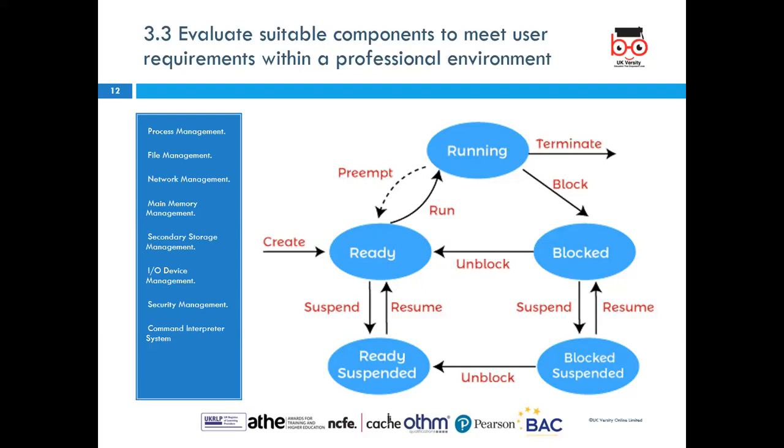Process management, when it comes to processing data, accessing data, and manipulating data. Then we have main memory management, which relates to where our data is going to be stored. Then we have secondary storage management, input-output device management, security management, and command interpreter system.